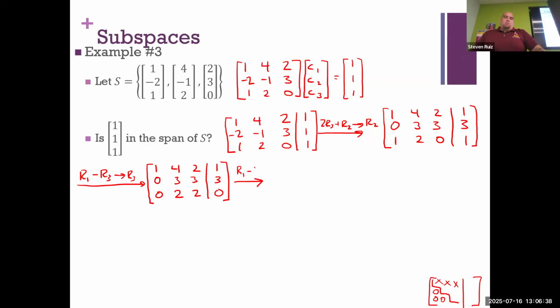Row 1 minus row 3. And put that where? Row 1. What are you trying to do with this? Okay. We actually don't need zeros above. So let's just try to go for getting the upper triangular form. So in that case, the only thing we have left to do is make that a 0.